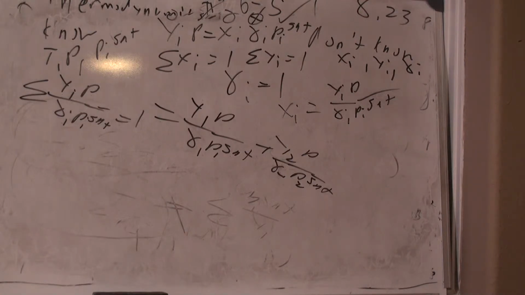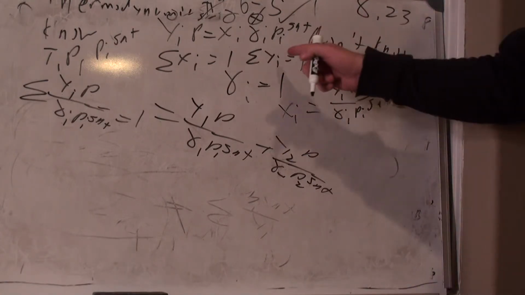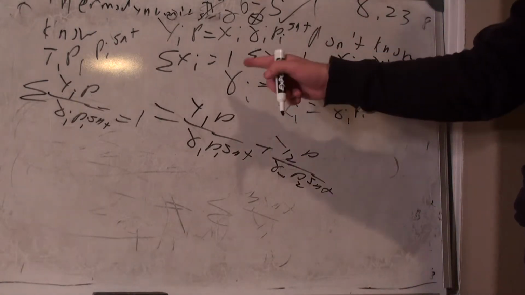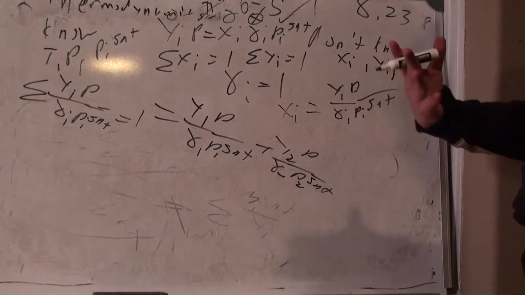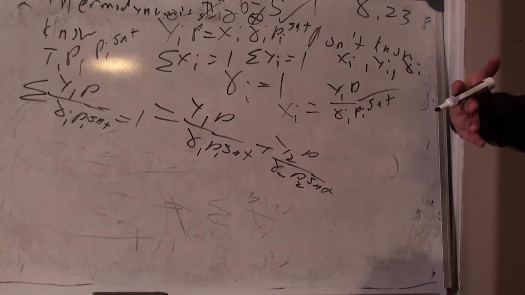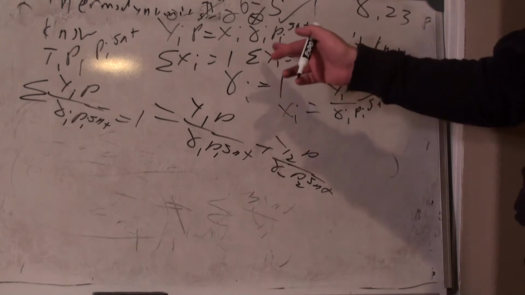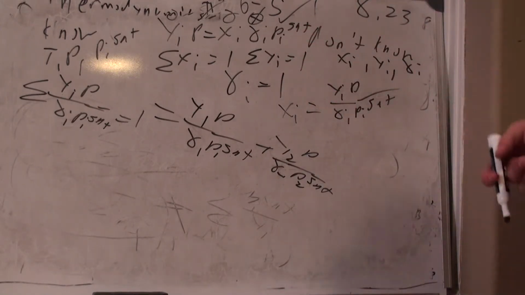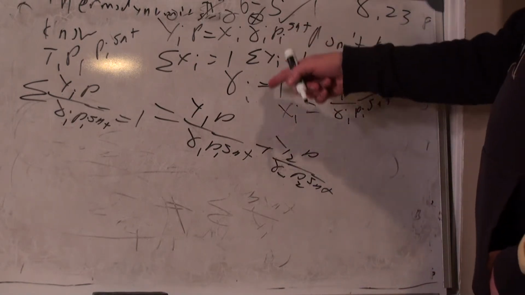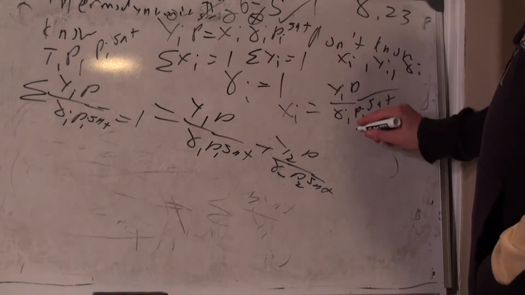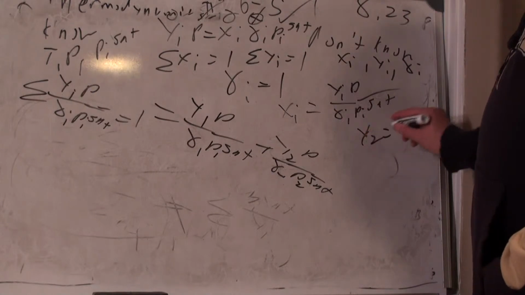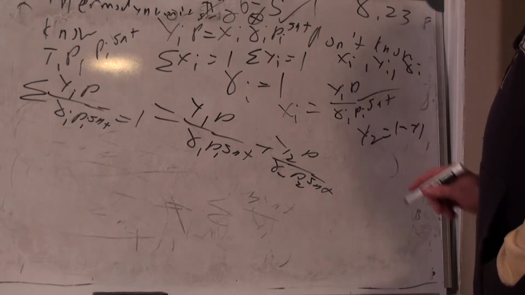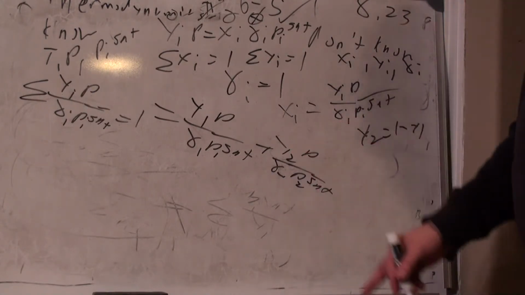And then I use this one in a sense. I could solve for yi, but really, because I only have two y's, it's not too bad to just solve for one. So I have y1 plus y2 equals 1, so y2 is equal to 1 minus y1, and I can plug that into here.